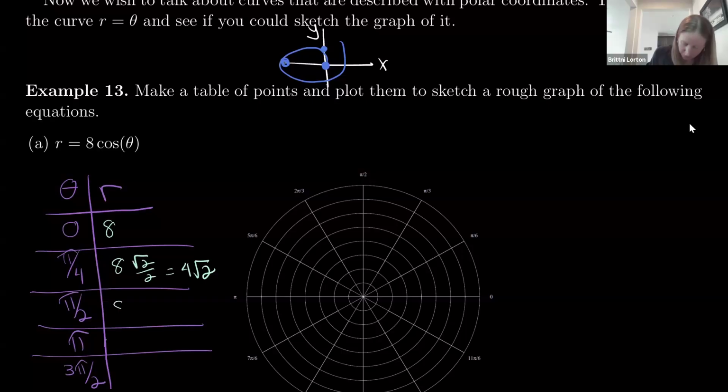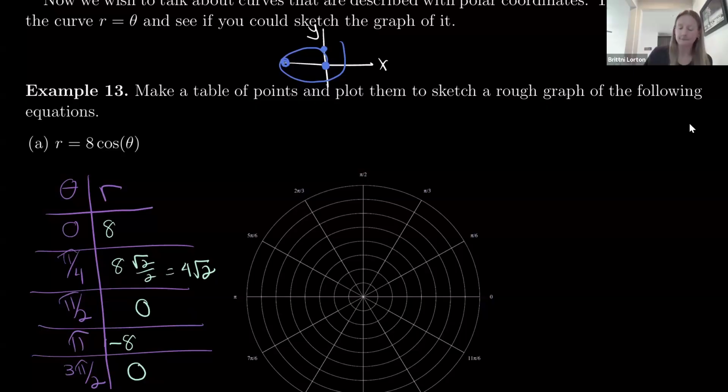If I plug in pi over 2, I would get 8 cosine of pi over 2, but cosine of pi over 2 is 0. If I plugged in pi, 8 cosine of pi is -8. And if I plugged in 3 pi over 2, 8 cosine of 3 pi over 2, cosine of 3 pi over 2 is 0. Okay, so I've created a table of values.